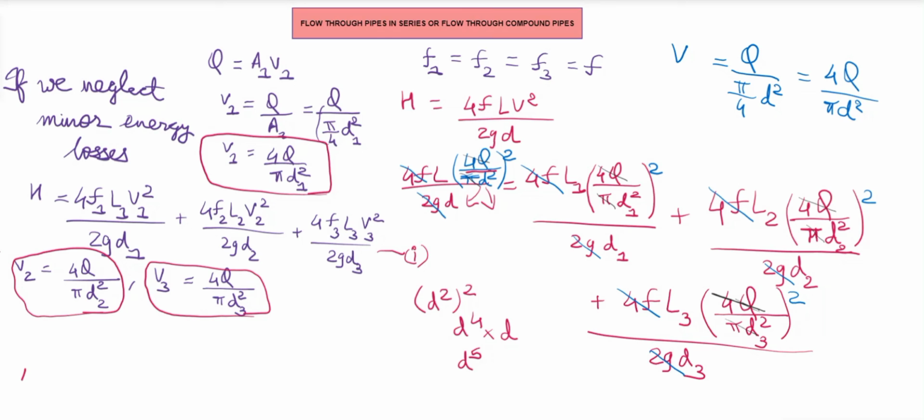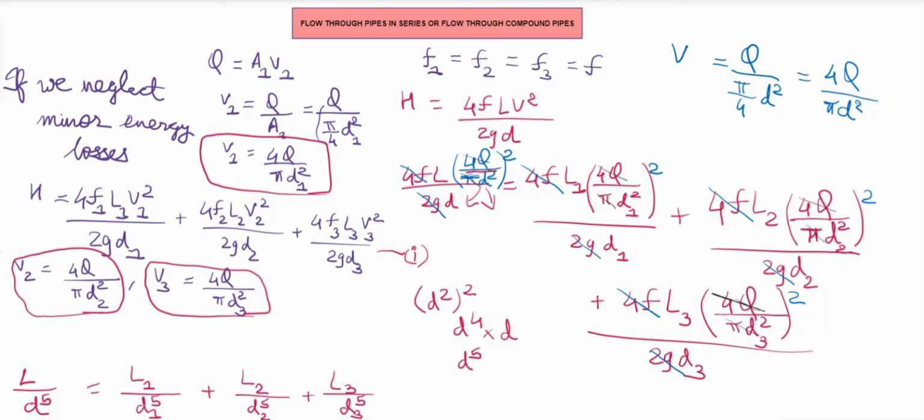And then we can just write this, which is L upon d raised to 5 is equal to L1 upon d1 raised to 5 plus L2 upon d2 raised to 5 plus L3 upon d3 raised to 5.